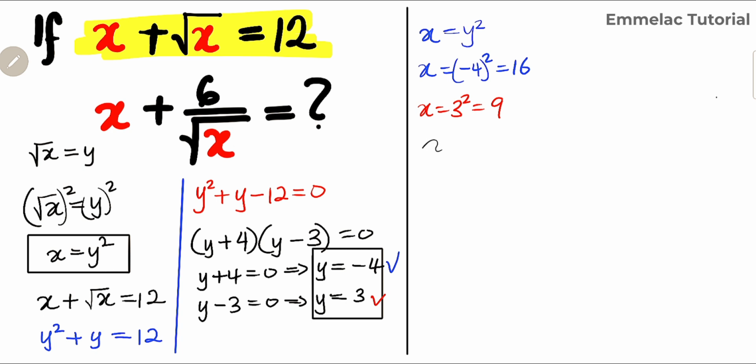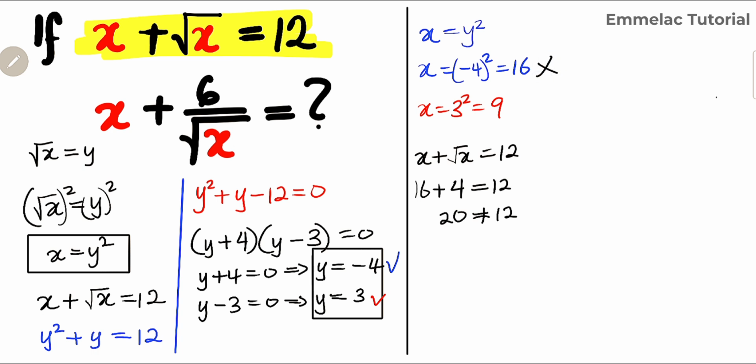Let us substitute 16 first. x plus the square root of x equals 12. When x is 16, this gives us 16 plus the square root of 16, and I know the square root of 16 is 4. Then here you have 20, and you can see that 20 is not equal to 12, so we need to discard this.